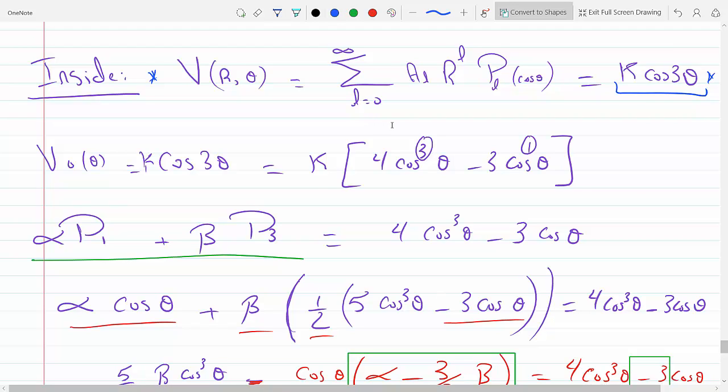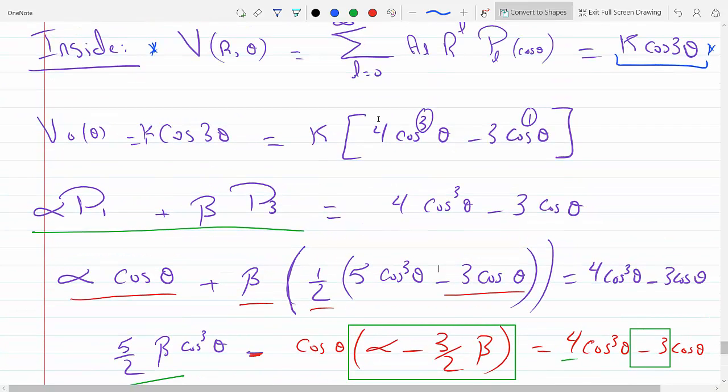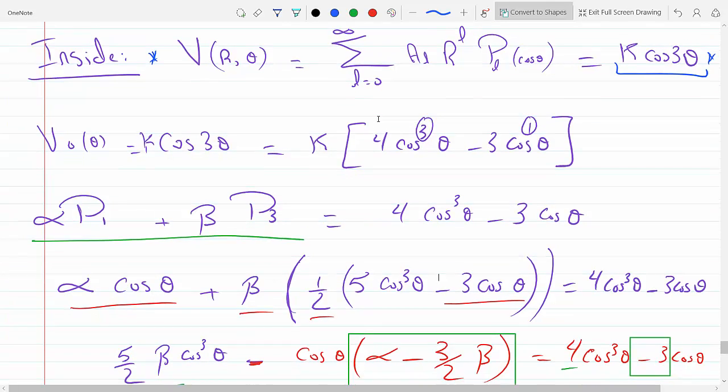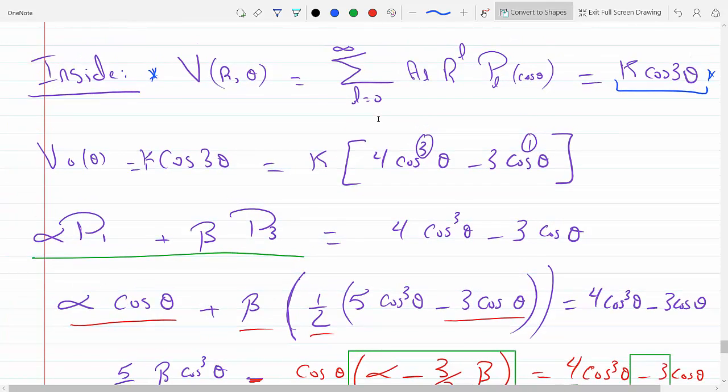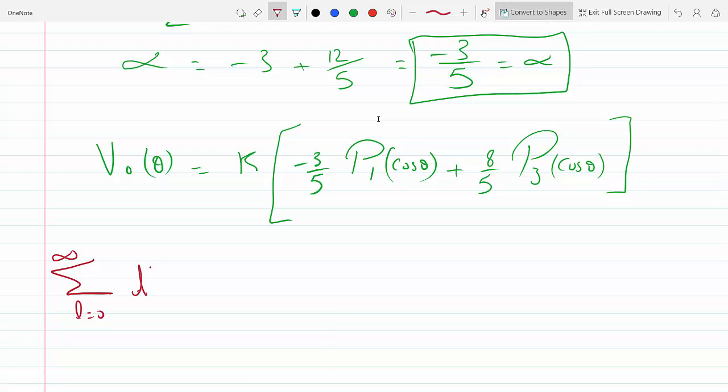So we've got k summation from L equals 0 to infinity, AL, we're on the surface, so this is RL, PL cosine theta. This has to equal the surface potential, which is this guy here.